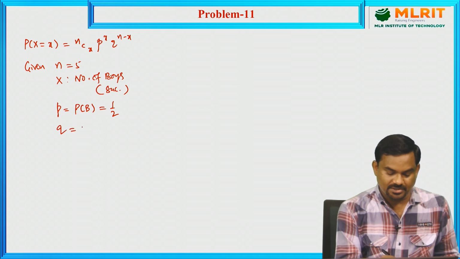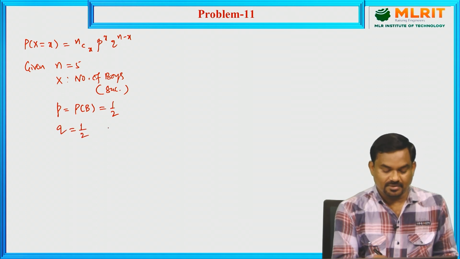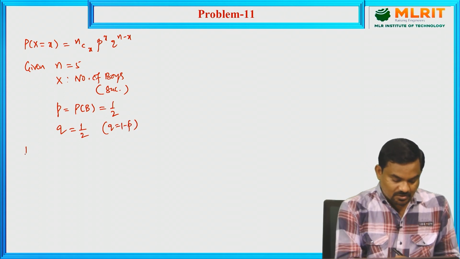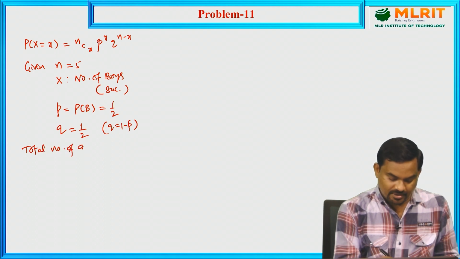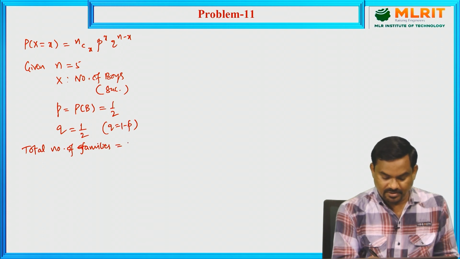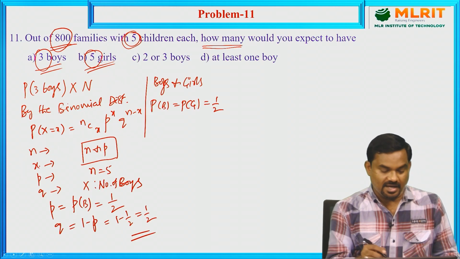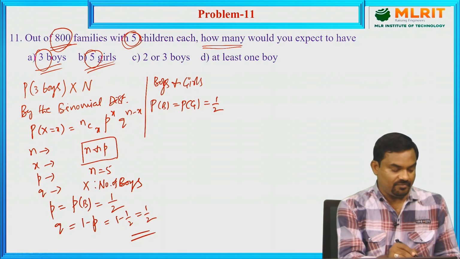Then q is 1 by 2, since q is 1 minus p. And the total number of families is 800.